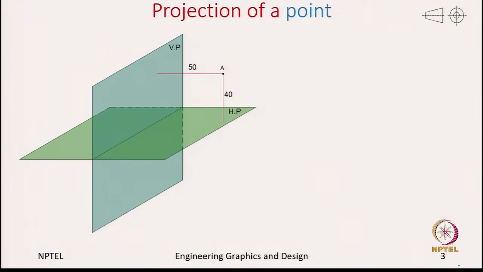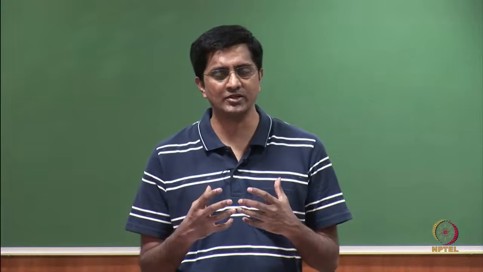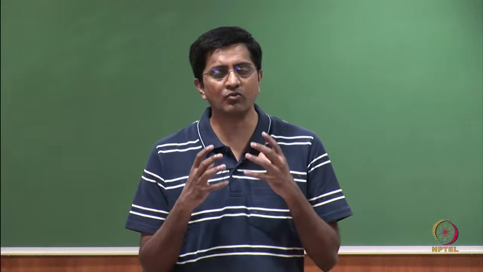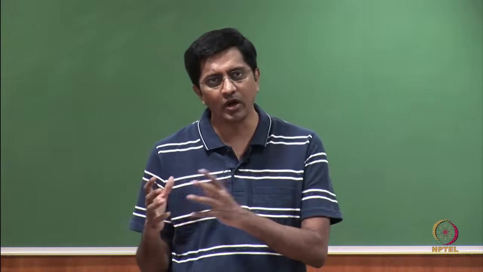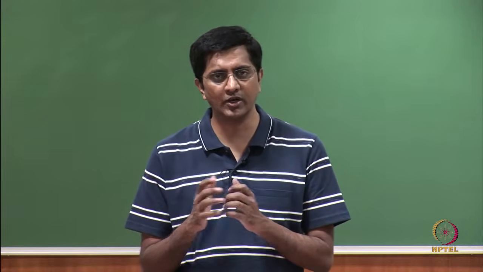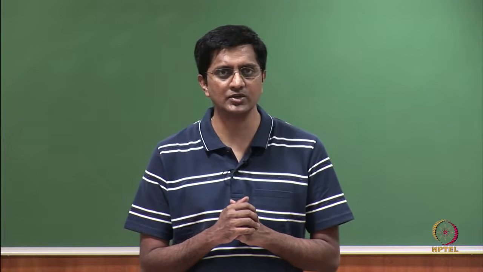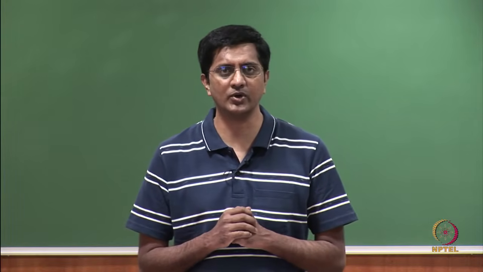Okay. So, now let us see how do we capture the front view and the top view. Here we are trying to show you in a pictorial fashion for better visualization. This is not what we draw. So, what we draw, I will just come to that in a moment, but let us first visualize how we are capturing the front view and the top view.